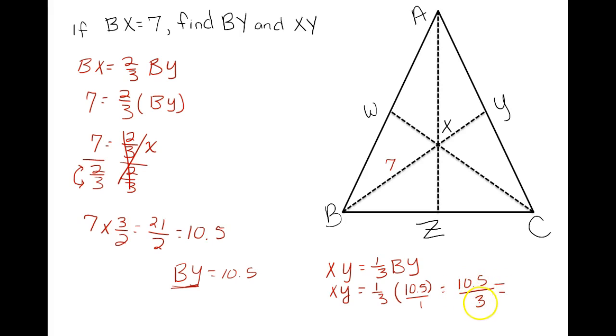And 10.5 divided by 3 is 3.5. So from X to Y will be 3.5, which is the same as 3.5. If your instructor would like you to keep it as a fraction, it's the same thing. So XY is 3.5.